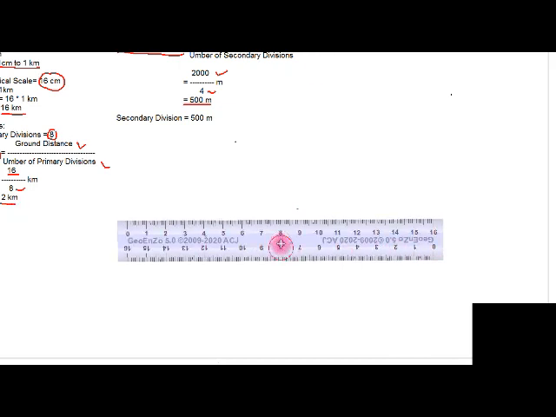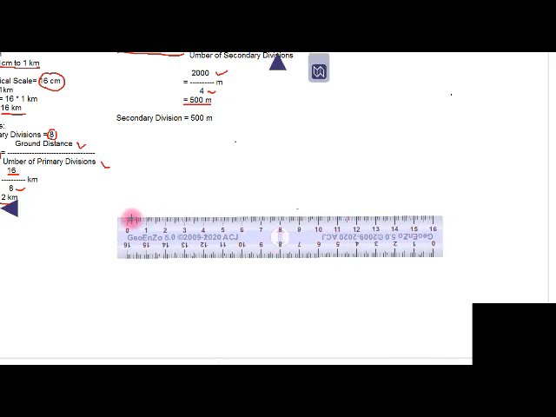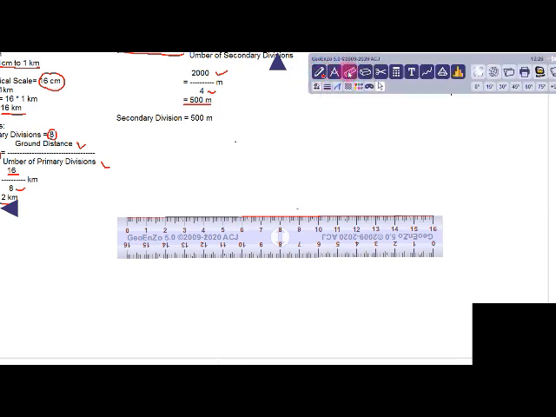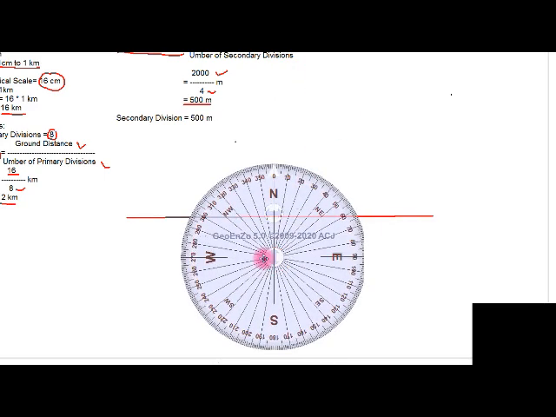So 16 centimeter we have to take with the help of a ruler. Take a comfortable size of your page and location, and this is the 16 centimeter graphical length of the graphical scale.